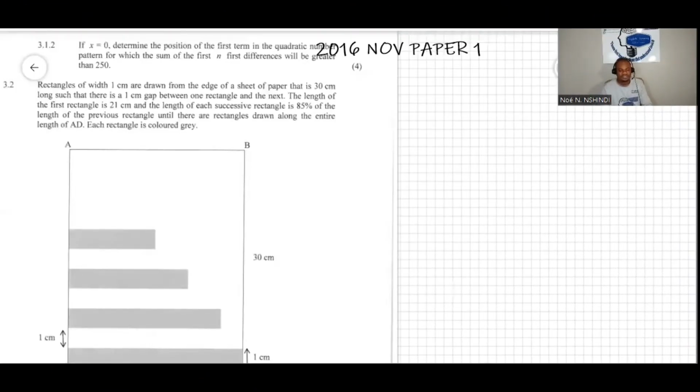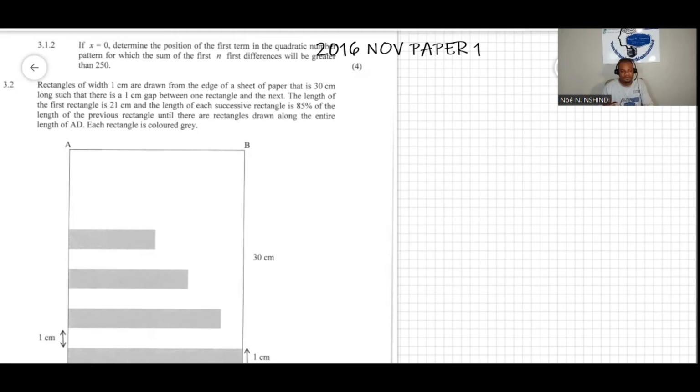Well, the question here says rectangles of width 1 centimeter are drawn from the edge of a sheet of paper that is 30 centimeters long, such that there is a 1 centimeter gap between one rectangle and the next.